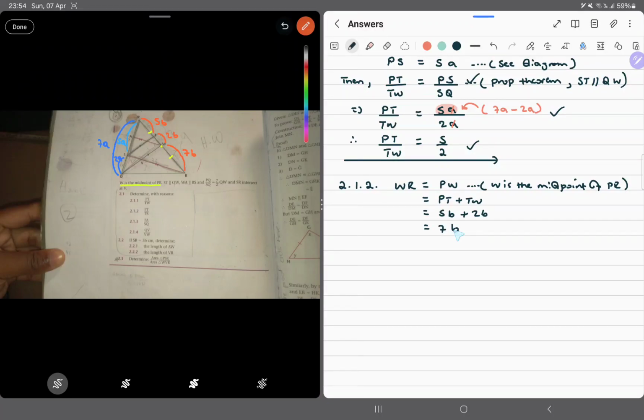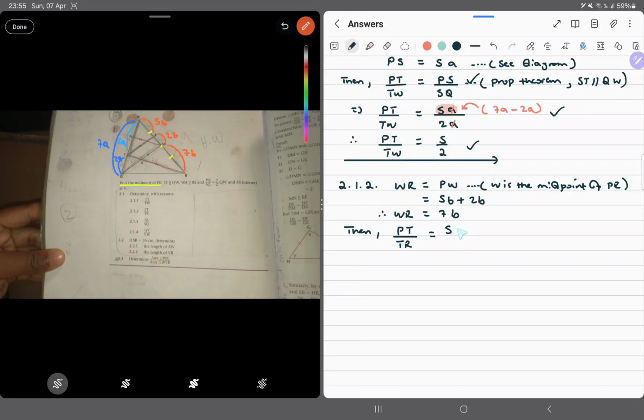Obviously, I'm just stretching your mind here. If you've written those things, you don't really need to show this long, lengthy thing. All you can just do here, you will just simply say 5B plus 2B, which is going to be 7B. That is important. We then say what? PT over TR, some ratios you need to look at directly, is going to be, what is PT?